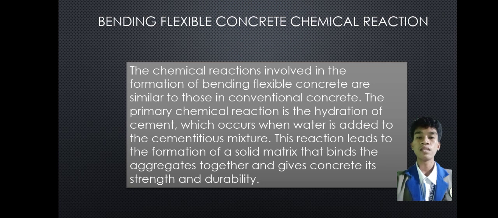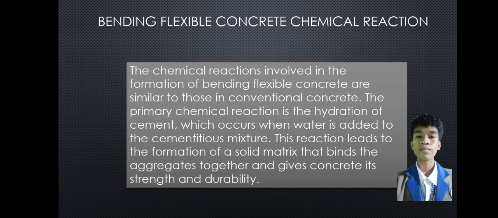The CSH gel is responsible for the development of the concrete strength and acts as a glue that holds the aggregates together. The calcium hydroxide or CH formed during hydration is a byproduct and contributes to the alkalinity of the concrete.